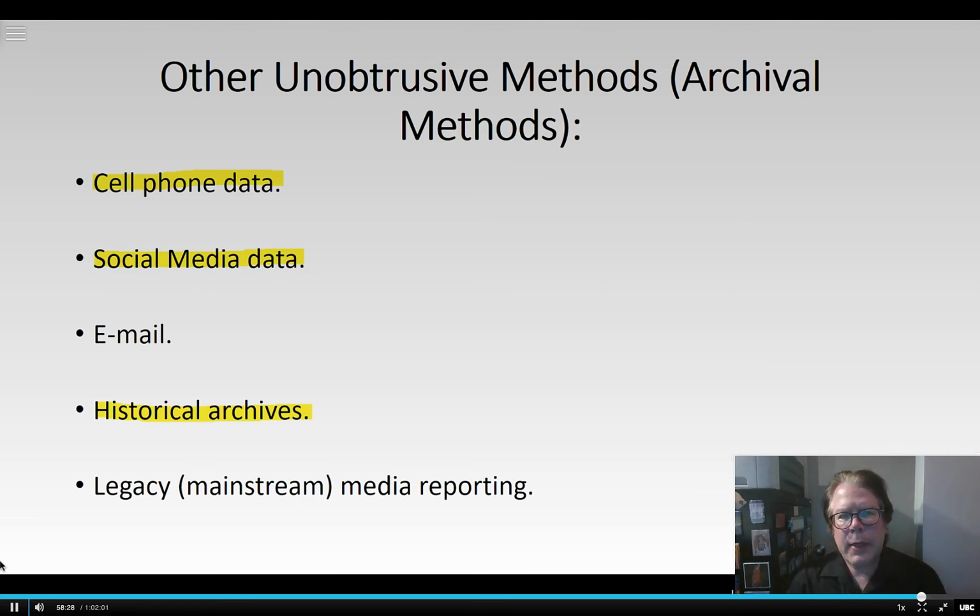Social media data is also interesting, but perhaps for other types of problems. It's been interesting in terms of trying to get a sense of people's understanding of the problem.